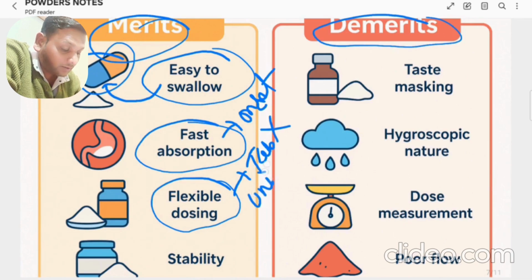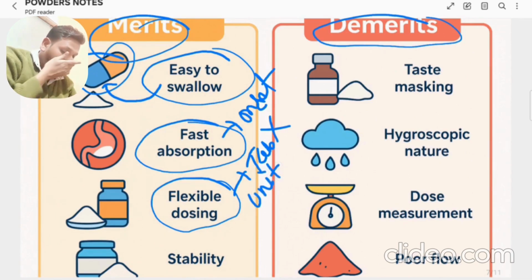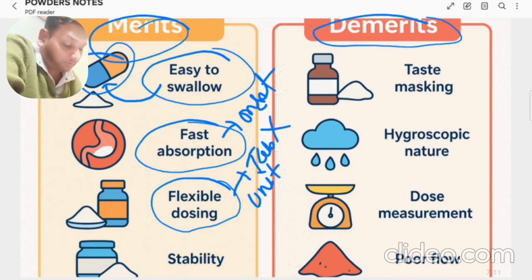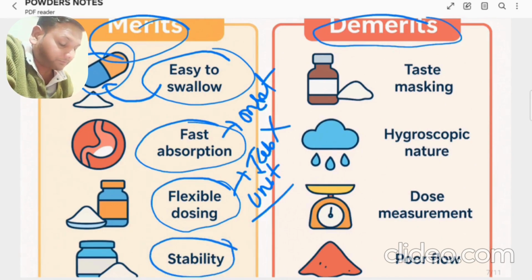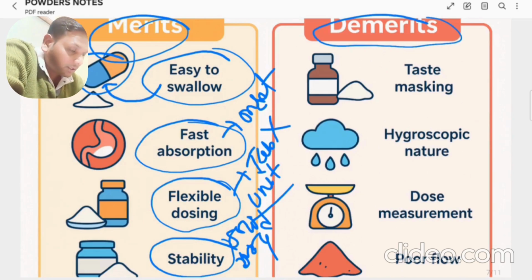They are unit dosage forms. We cannot increase or decrease the dose. Another advantage is they are more stable in nature because they are present in dry, solid form. They are more stable as compared to other formulations.